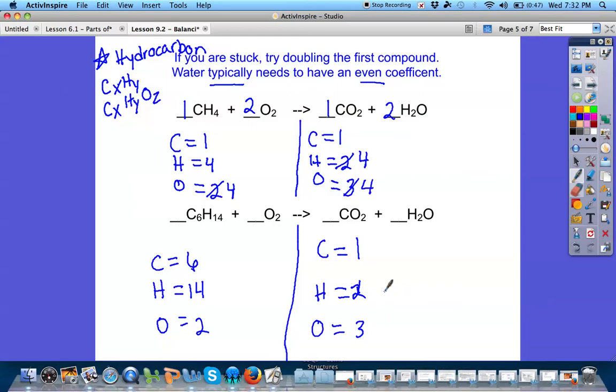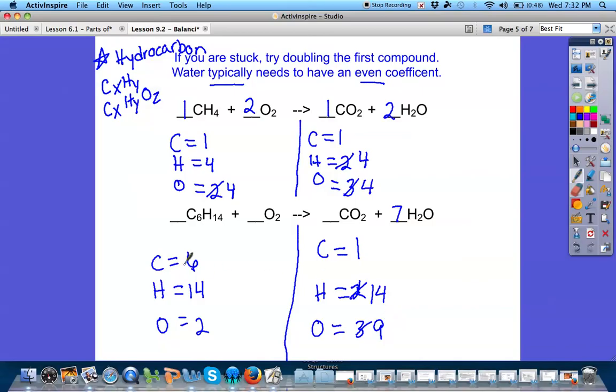Okay. So if we look here at hydrogen, if you wanted to stay in the same place for hydrogen, we have 14 and we have 2. So if we put 7 as the coefficient in front of H2O, that's going to give us our 14 hydrogen. It's going to give us 7 oxygen here and 2 here. So that is going to be a total of 9.